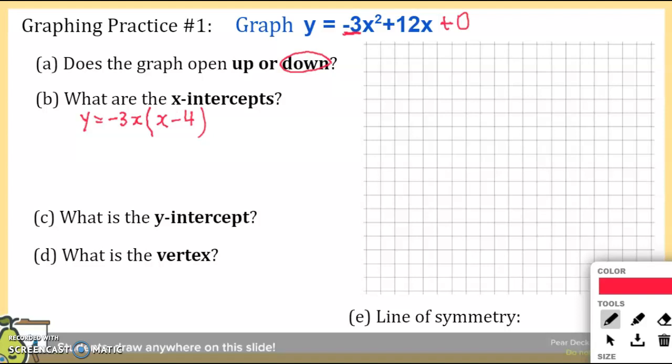Then from here, I can set this to be equal to 0. So 0 is equal to -3x multiplied by x minus 4.